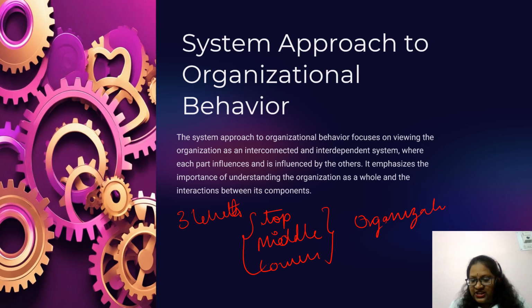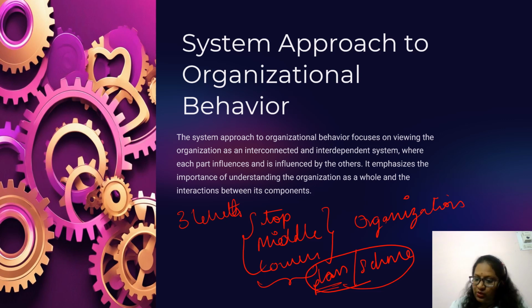These three levels work in a particular plan, or a particular scheme, which they have made, and they work on that basis only. What is their plan, what are their implementations, and how are they supposed to work further, and what they have planned or guided for the next year. They work on a particular scheme, right?